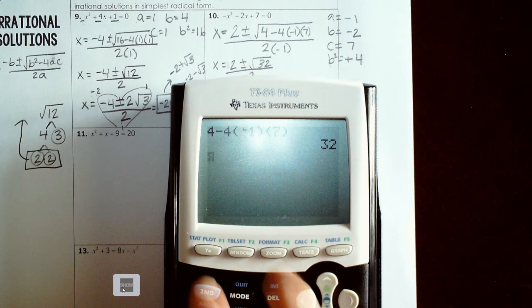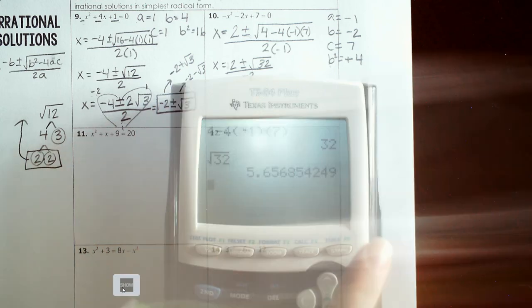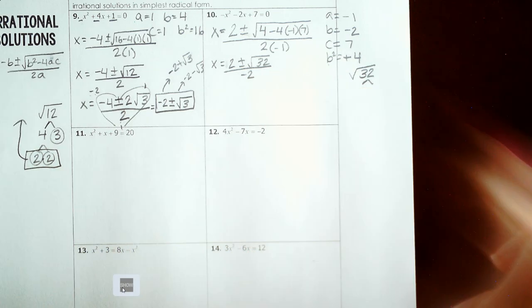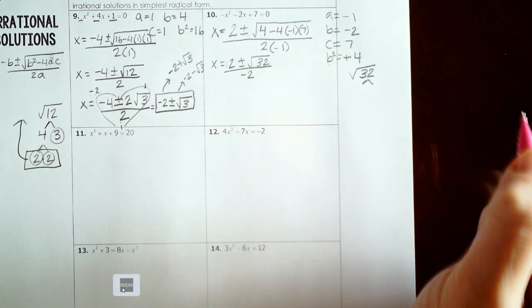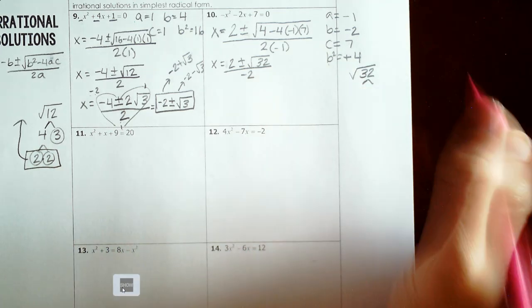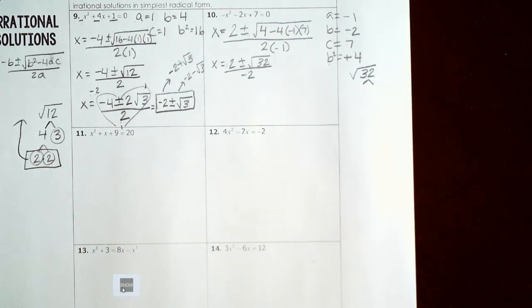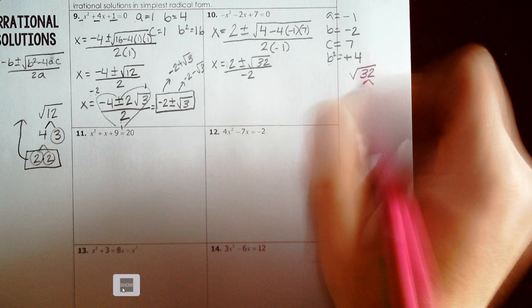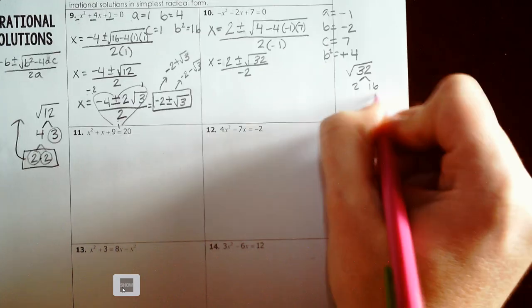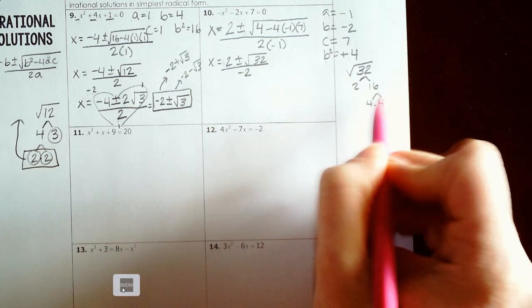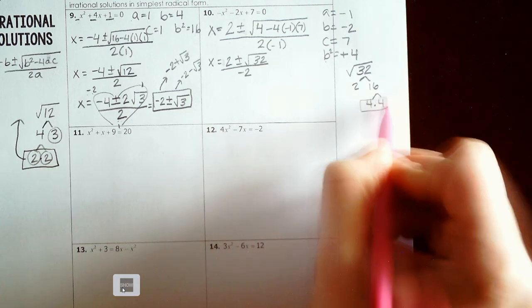All right, see if you can take the square root of 32. You can't, so we need to simplify it. Think about what you can break 32 into. You can do 16 and 2. And then 16 you can do 4 and 4. Now here's a pair, so you can pair them up here.